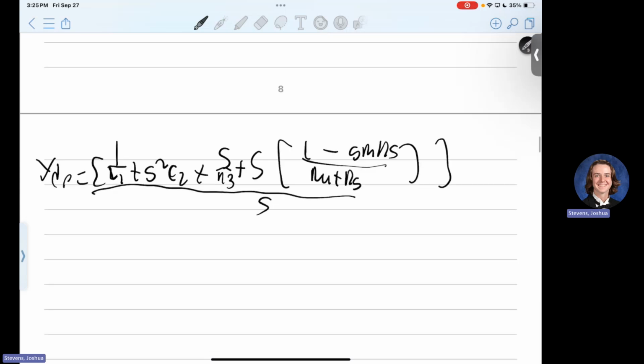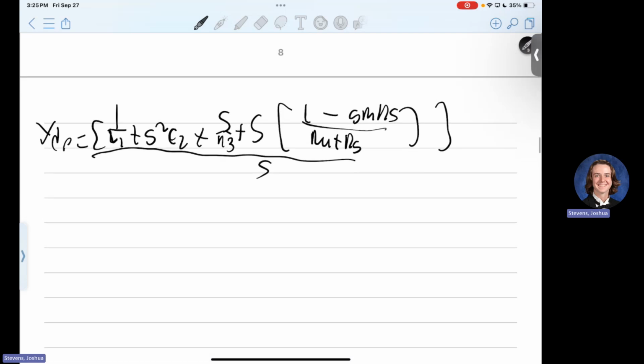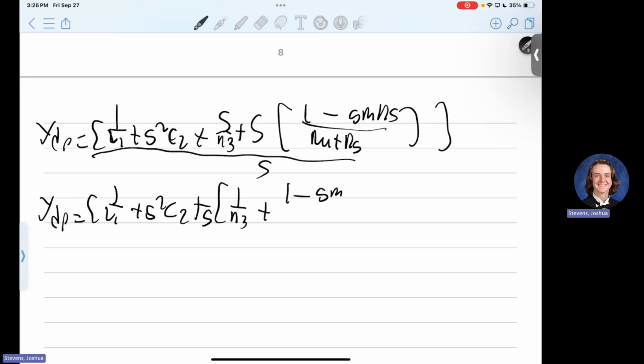Cool. Well, I guess I should have done this to begin with. I can do that even better: 1 over L1 plus S squared C2. You know what? No, we're going to keep doing it. Plus S times 1 over R3 plus 1 minus GM R5 over R4 plus R5, over S. Am I doing this the most efficient way possible?